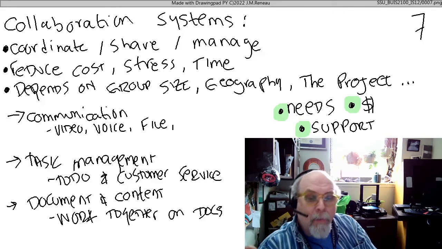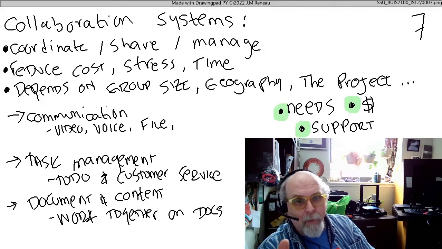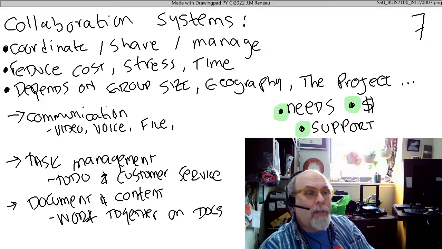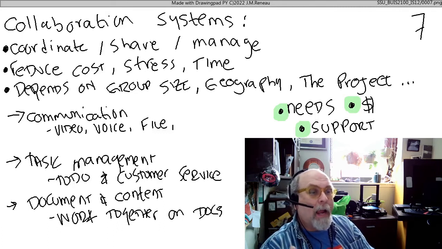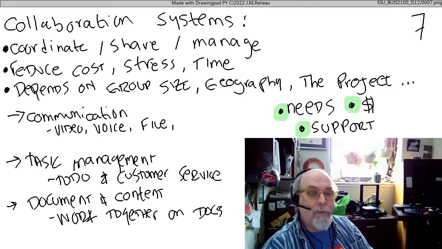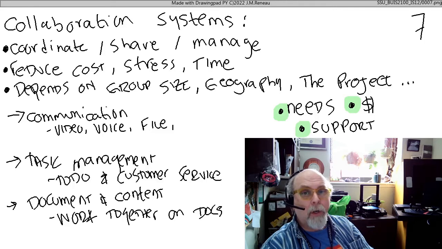The last type of interesting business system I want to talk about today are collaboration systems. Collaboration systems allow employees to coordinate, share, and help manage the flow of documents and ideas between your staff. Hopefully, a good collaboration system is going to reduce costs, reduce stress, and reduce time spent doing the collaboration.